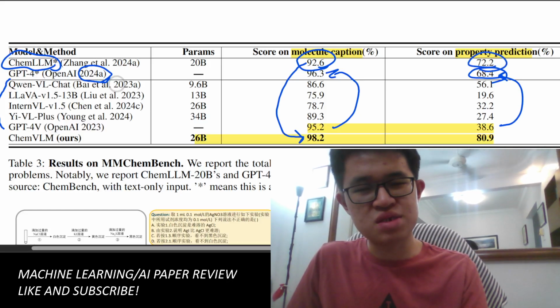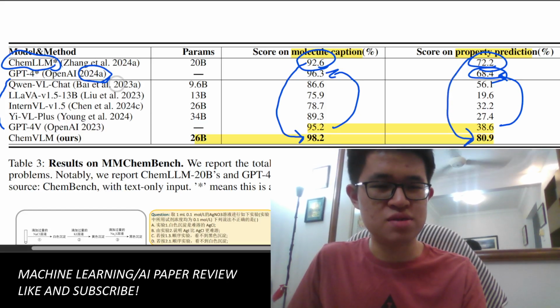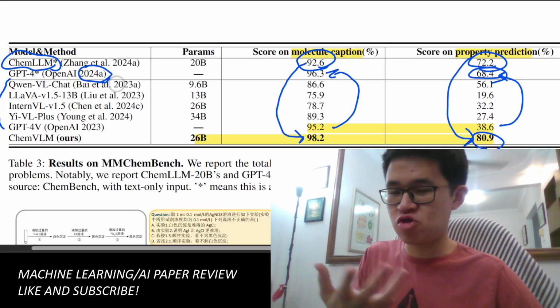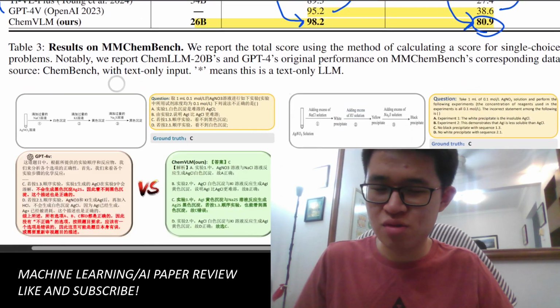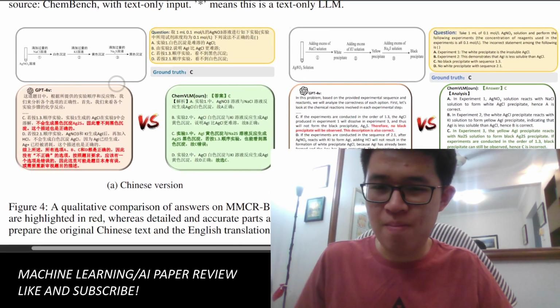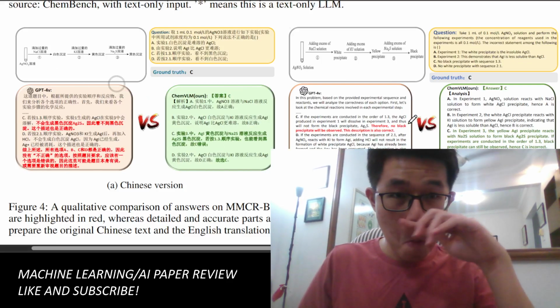And you can see a similar phenomenon happens as well. And this proves that their approach actually works, right? So let's see. Okay, and here's some examples.